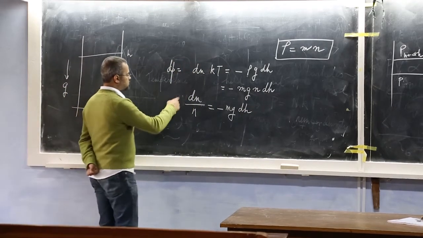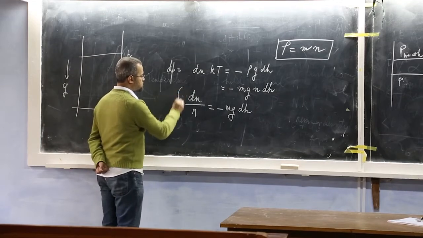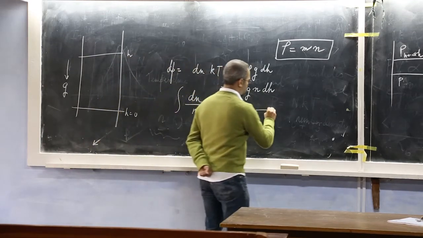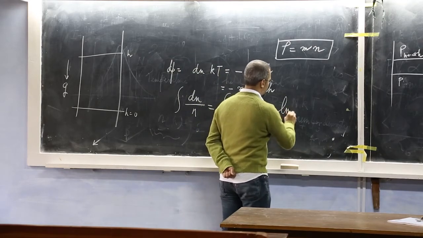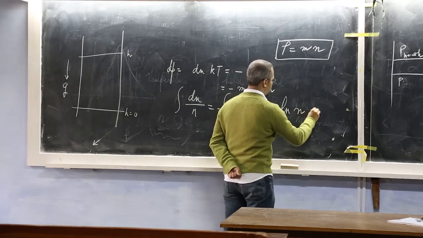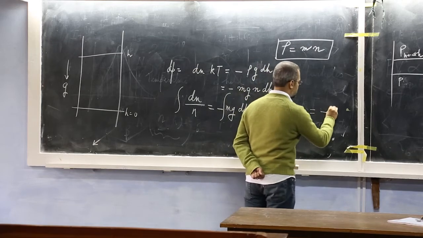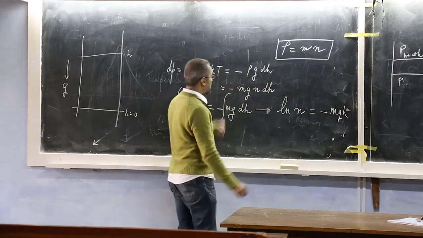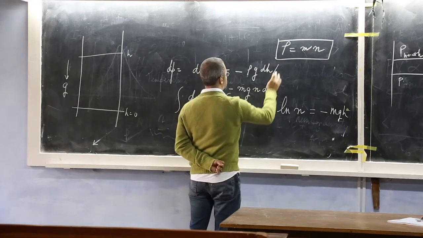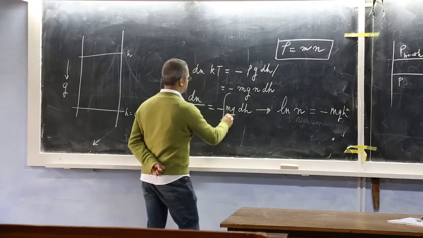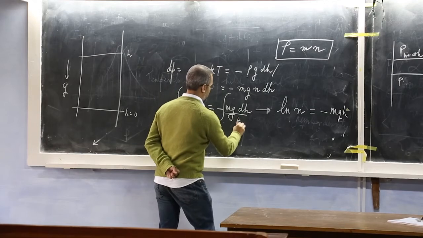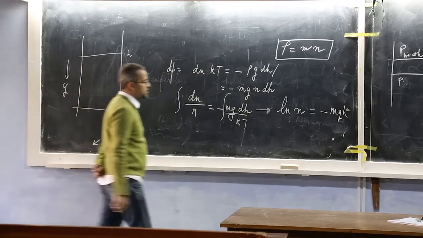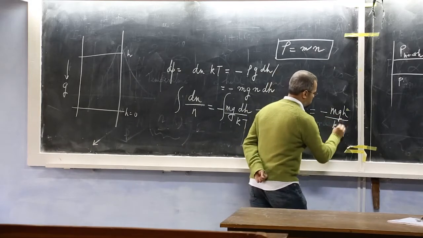And the integration of this is very simple, so integrate both sides, and what you have is logarithm of n equals minus mgh. Of course there is a kT, since kT has to go to the other side, so you have mgh by kT.